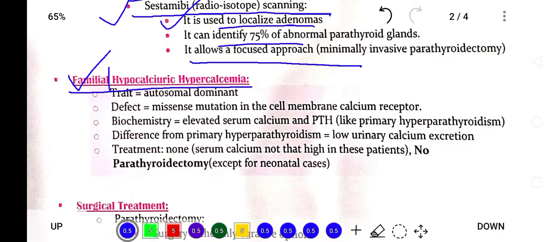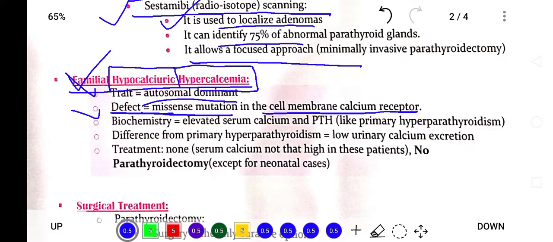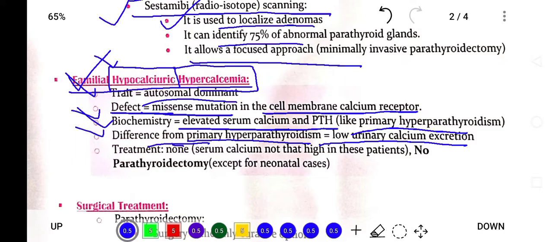Hypocalciuric means decreased calcium excretion in the urine, and hypercalcemia means increased calcium in the blood. The trait is autosomal dominant. It is a gene defect, a missense mutation in the calcium receptor in the cell membrane. That's why there is hypercalcemia. Biochemistry shows elevated serum calcium and parathyroid hormone levels, like primary hyperparathyroidism. The difference from primary hyperparathyroidism is that urinary calcium excretion is low, with low excretion by the kidney.